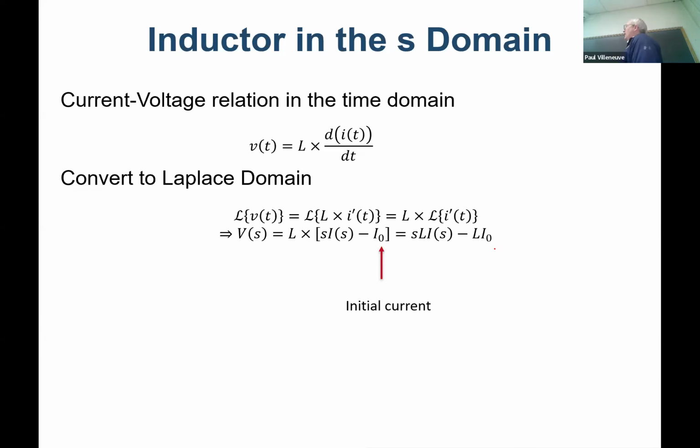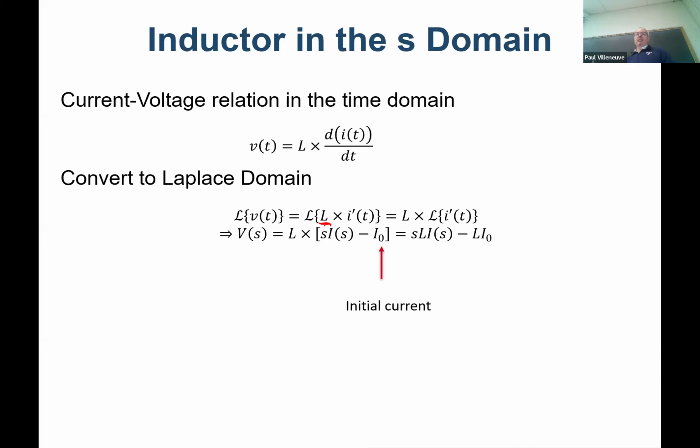So now let's go and do the same thing we did for the resistor. We're going to convert everything to the Laplace domain and see how we end up. So the Laplace domain transformation of our voltage is equal to the Laplace domain transformation of L times di/dt, or i prime of t, we'll just substitute there. Isn't this L right here a constant just like the resistor?